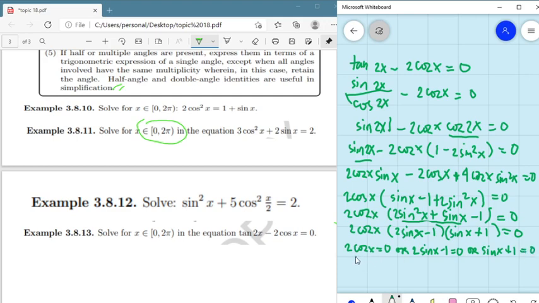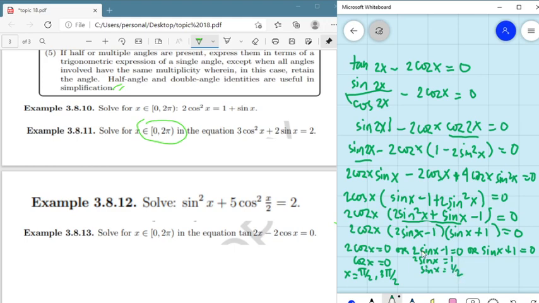So in this case, cosine x equals 0, so x is pi over 2 or 3 pi over 2. And then in here we have 2 sine x equals 1. So sine x equals 1/2.